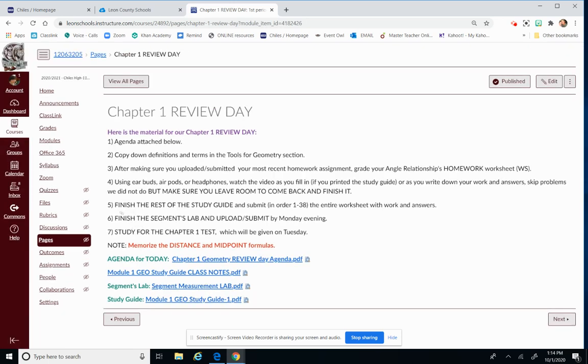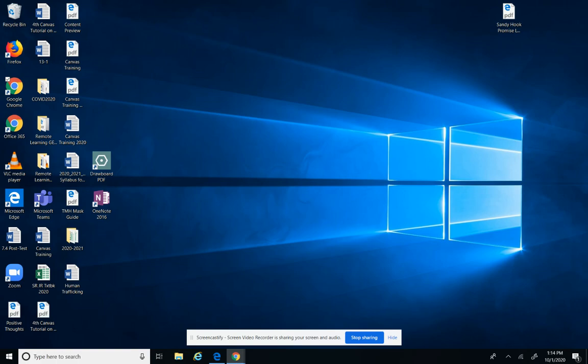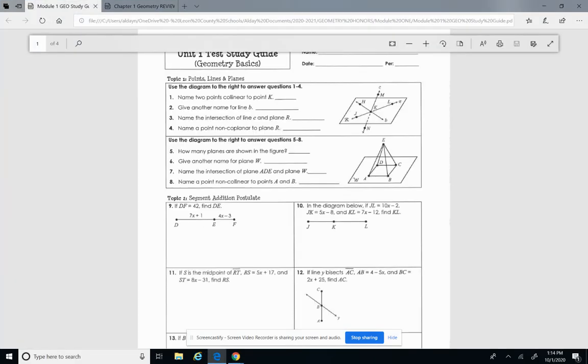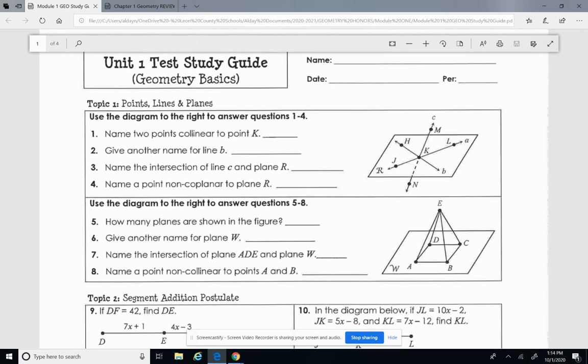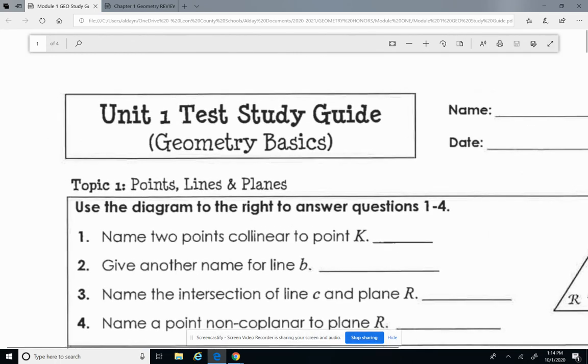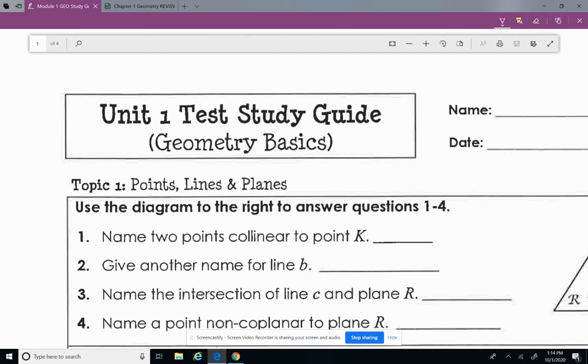All right, so we're going to go on to practicing. So if you would either open up your notes to the assignments page, or if you're writing them in your notebook, just go ahead and open it up, and at the top, if you would put Chapter 1 Study Guide.